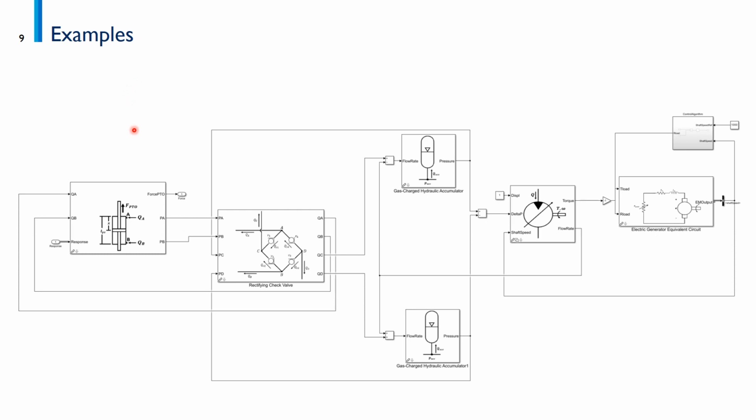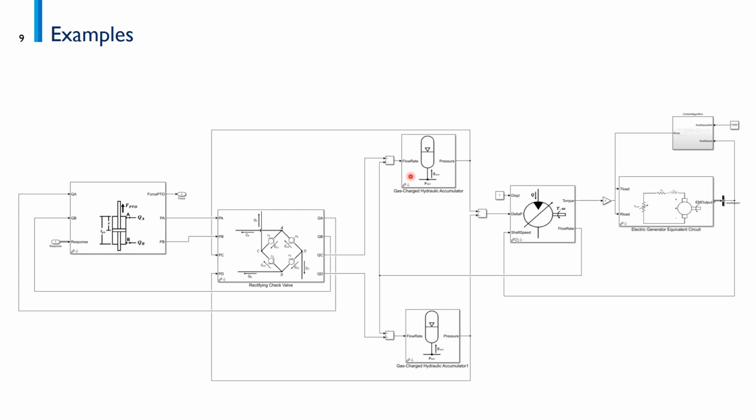This is how the PTO subsystem will look like after we drag all the blocks from the PTO Sim library. So here you can see the hydraulic cylinder. The hydraulic cylinder is receiving the response as an input. This comes from WEC-Sim. Then we have the rectifying valves. We have the two hydraulic accumulators.